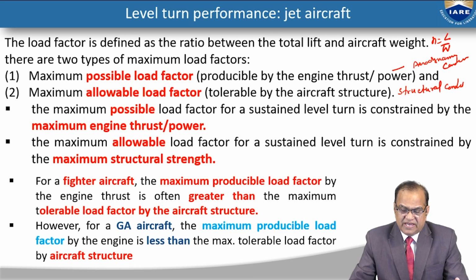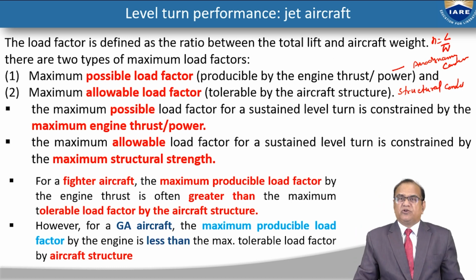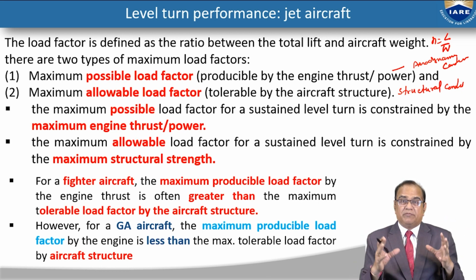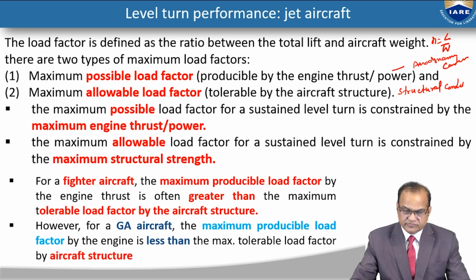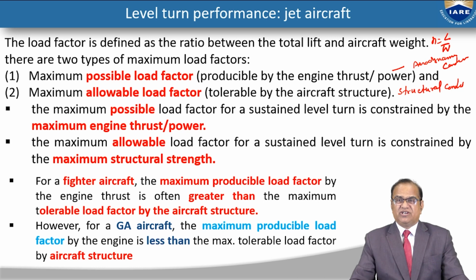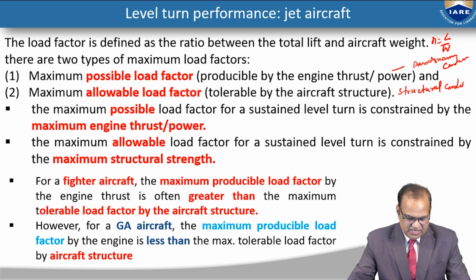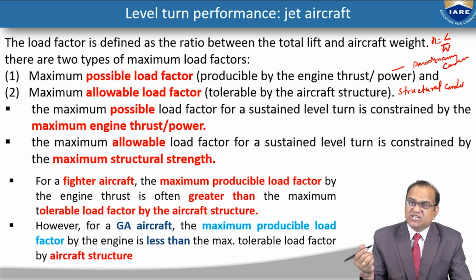The maximum possible load factor, which is produced by the thrust or the power of the engine, is much greater than the maximum tolerable load factor by the aircraft structures. However, for a general aviation aircraft, the maximum producible load factor by the engine is less than the maximum tolerable load factor by the aircraft. So it depends upon which type of aircraft.